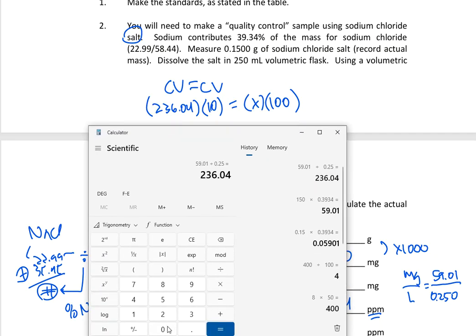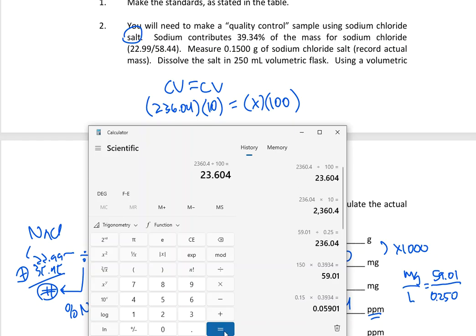So I'm going to take 236.04, and I'm going to multiply by 10, because that's what it tells me to do, and then I hit equal. And then that is 100 times x, so the opposite of multiplication is division. So I'm going to divide by 100 on each side. So here I'm going to divide by 100, and then I hit equal.